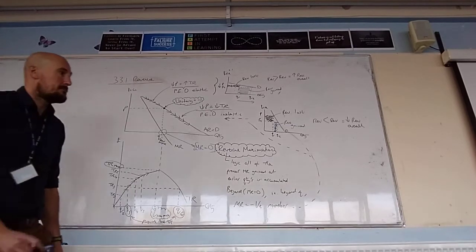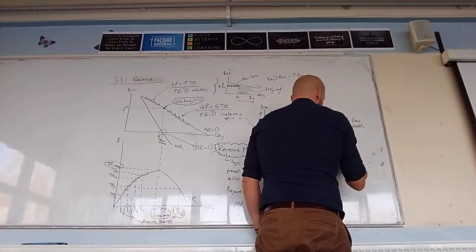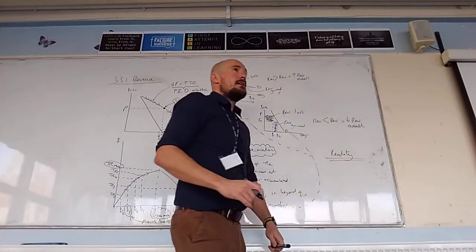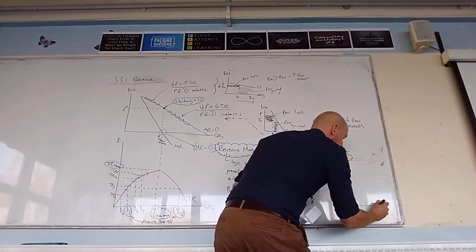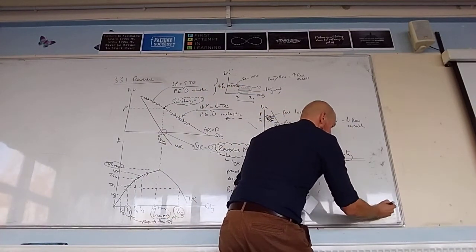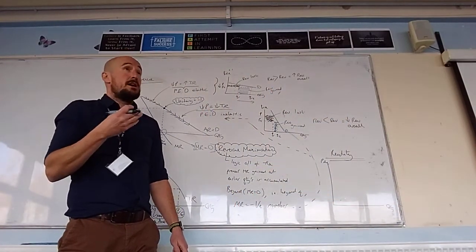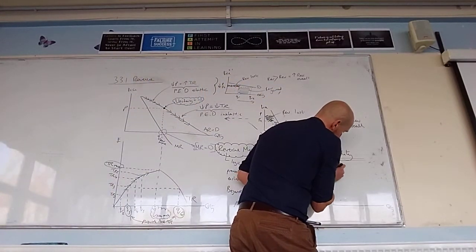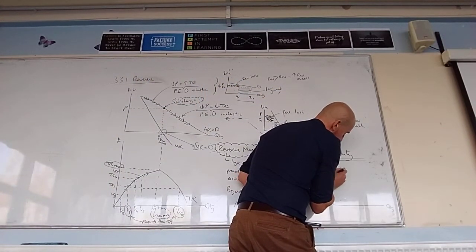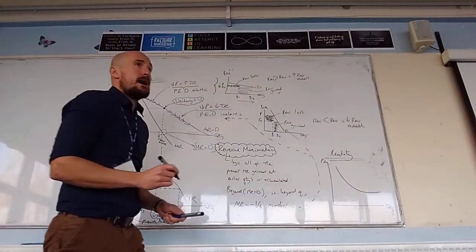If you imagine reality, at very high price levels, very few people are going to be able to afford something. At lower price levels, more people will afford something, but you'll hit a certain point where you just don't want to consume anymore. So actually, demand curves in general will look something like that.